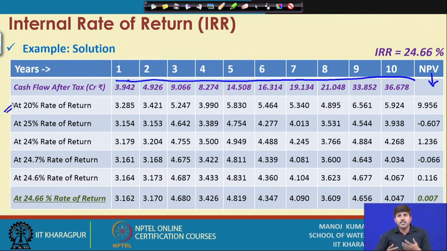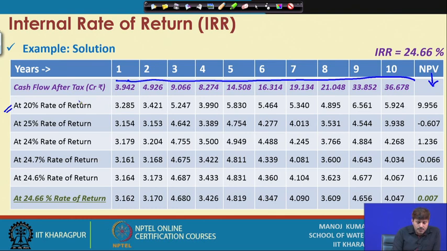We have to make an arbitrary guess based on the knowledge or information we have, and our time saving in terms of the calculations will depend on how accurate a guess we can make to begin with. So, let us start at a 20% rate of return.